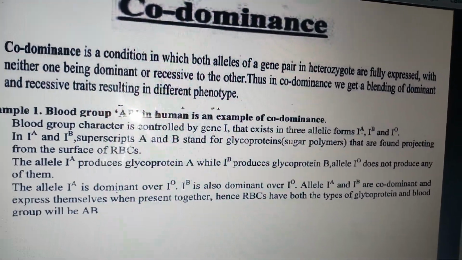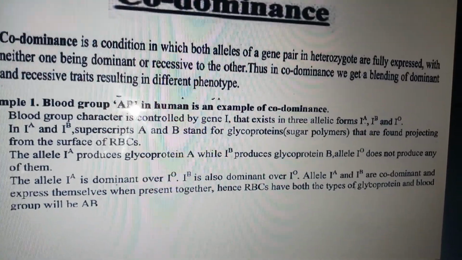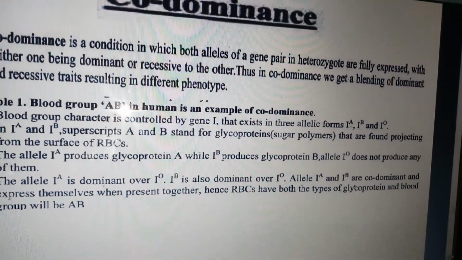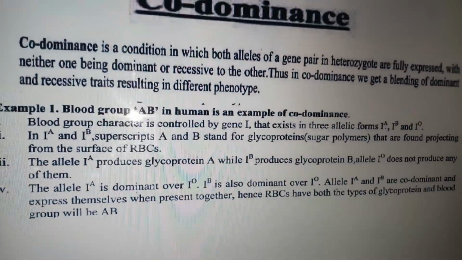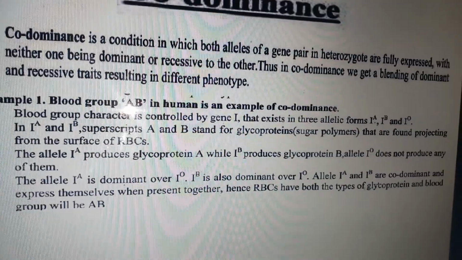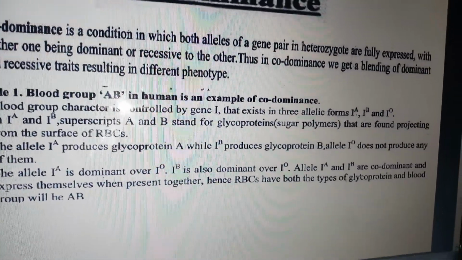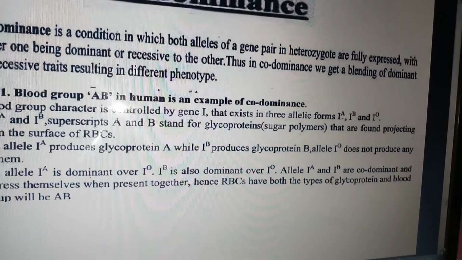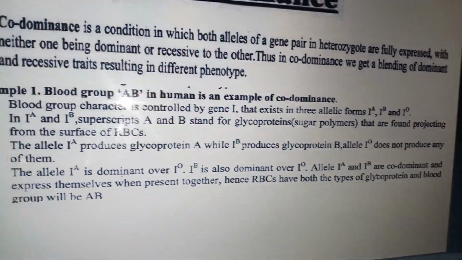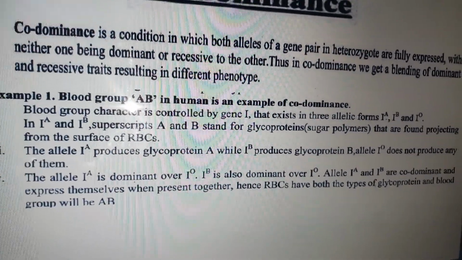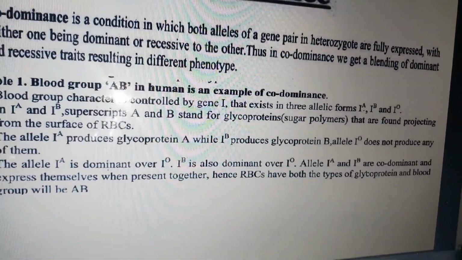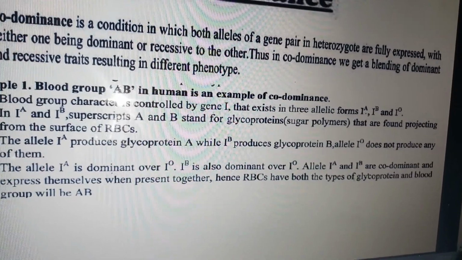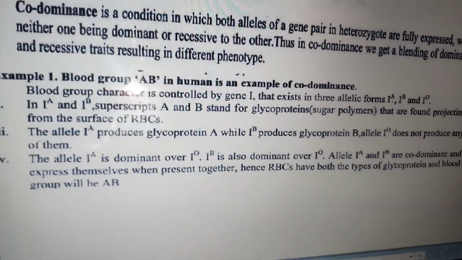The allele IA produces glycoprotein A, IB produces glycoprotein B, and IO does not produce any of them. The allele IA is dominant over IO, and IB is also dominant over IO. Alleles IA and IB are codominant and express themselves when present together. Hence, RBCs have both types of glycoprotein, and the blood group will be AB.